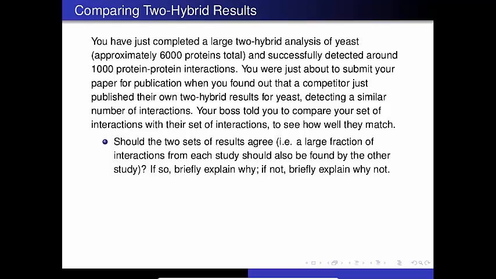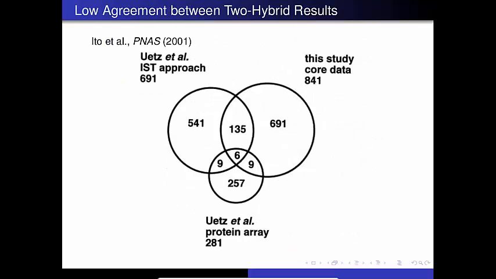So you really do need to have multiple studies. So I'll show an example of what this looks like here. This is not a made-up case. This is what actually happened in real life.